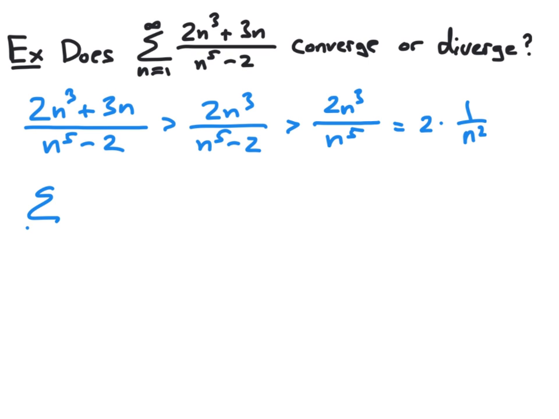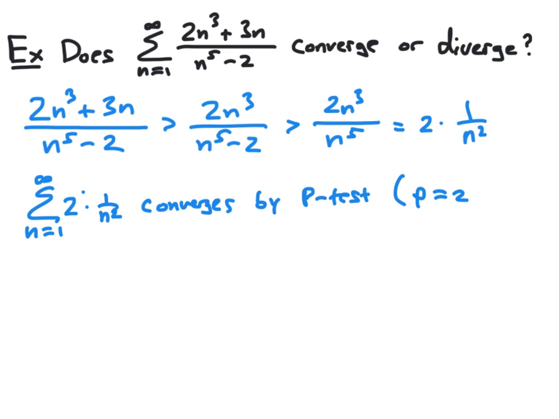Now, we know that this series from n equals 1 to infinity of 2 times 1 over n squared is a convergent p-series, so this will converge by the p-test. And that is because p is equal to 2 here, and 2 is greater than 1.